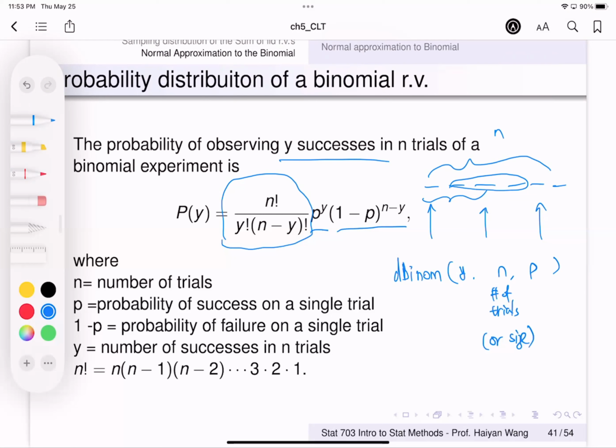And this p is the probability part, prob. When we provide this, we will get the probability distribution.